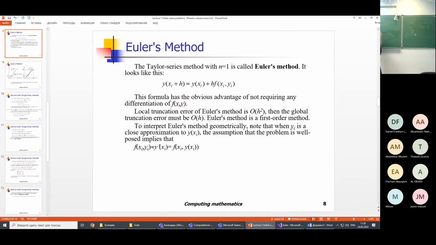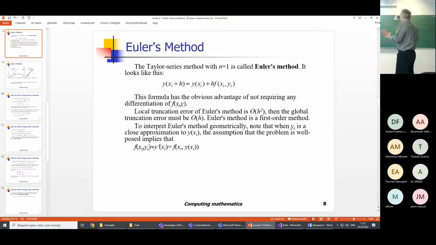What is x1? 0.1. What is x2? 0.2. And so on. x3 is 0.3, x4 is 0.4, and so on.